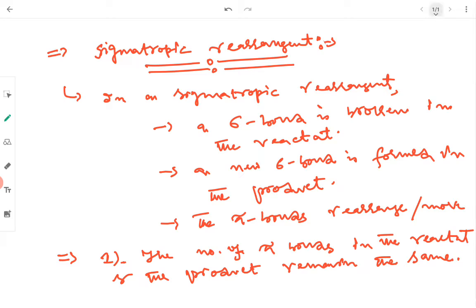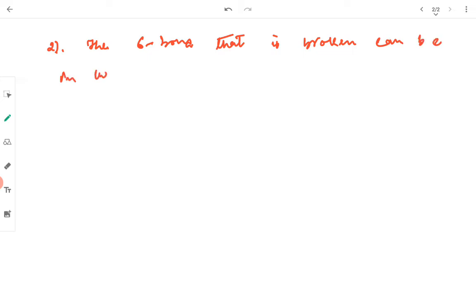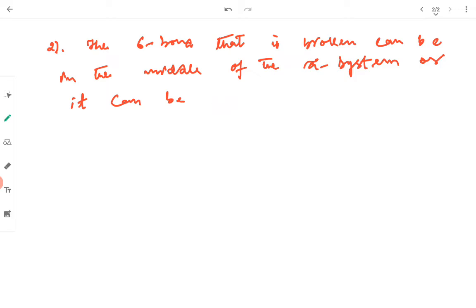Point number 2. What is the second point? Second point is that the sigma bond that is broken can be in the middle of the pi system, means it can be in the middle of the molecule, or it can be at the end of the pi system.